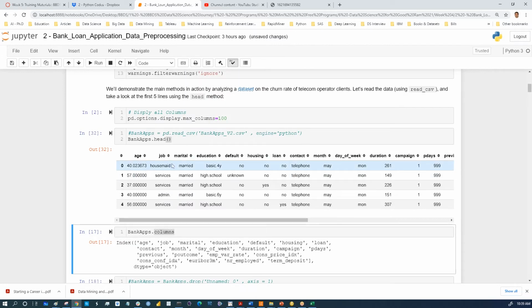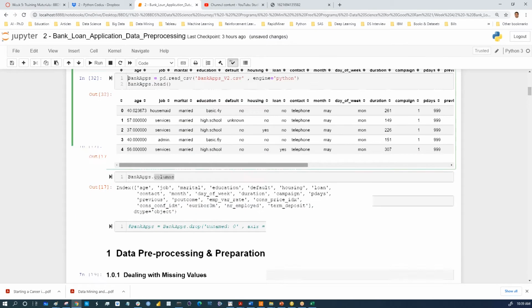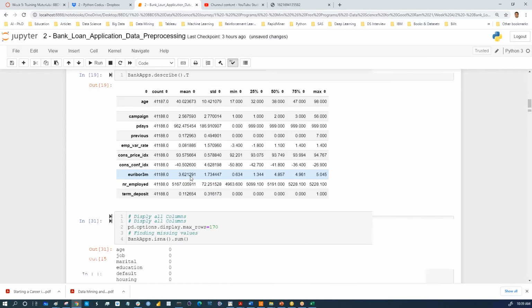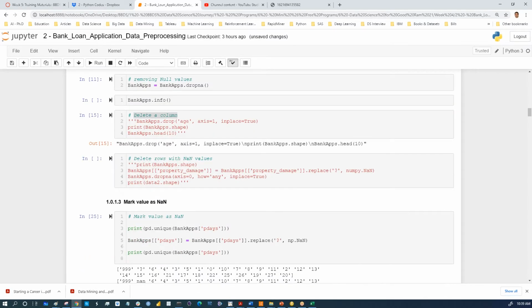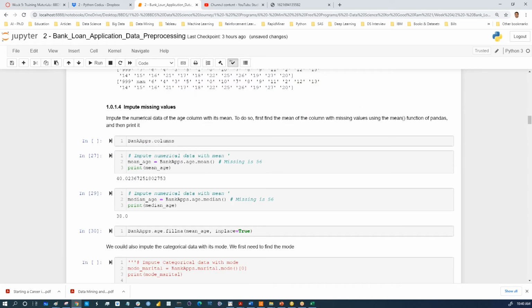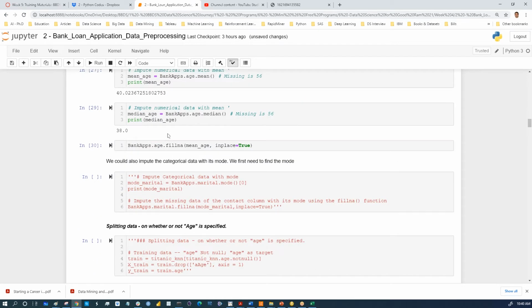So we got 40. Basically this was a 56, but it was imputed using the mean or the median. And the same thing we could do with the variance, standard deviation, just calculate them and replace the missing values with whatever value you want.